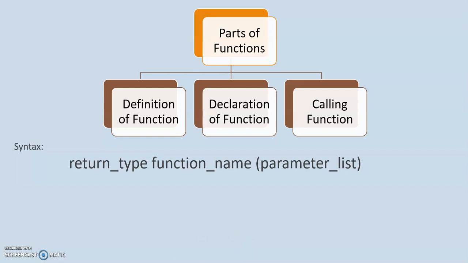Function name and parameter list together constitute the function signature. Now, if I write down the return type, function name, and parameter list, this can be the declaration of the function.